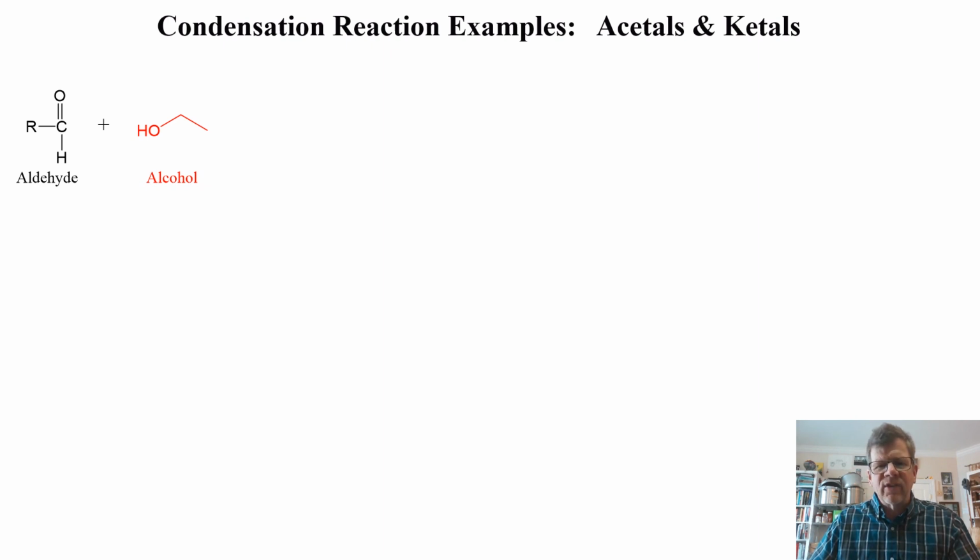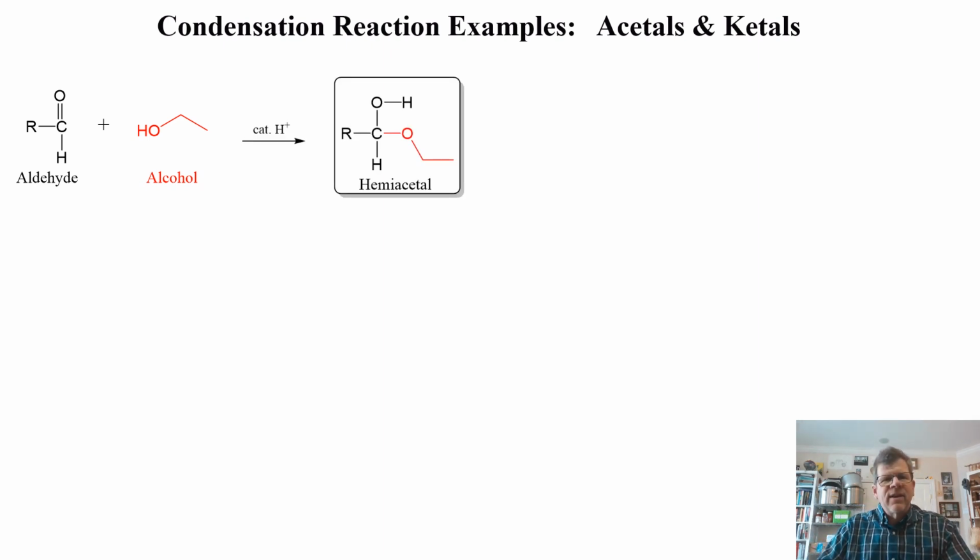That's going to be the business end of our reaction. And the oxygen atom from our alcohol is going to bond to that carbonyl carbon on that original aldehyde. So let's see what would happen if that went together. These are under conditions of catalytic acid conditions. And if we get one aldehyde condensing with one alcohol, we end up with what is called a hemiacetal.